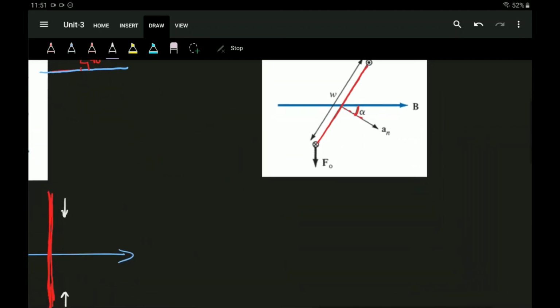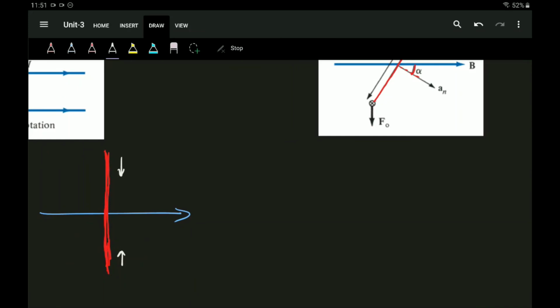Here the force experienced might be upward and here the force experienced might be downward, and both forces get cancelled and this will be in equilibrium. Or if I have a different current, the forces might be acting inwards, and both forces will get cancelled, again in equilibrium.